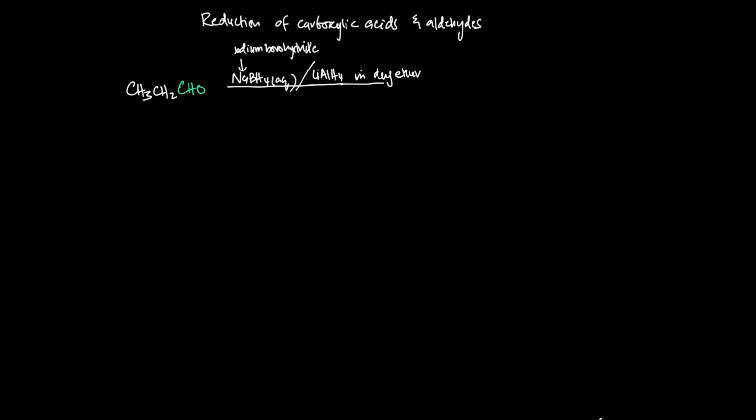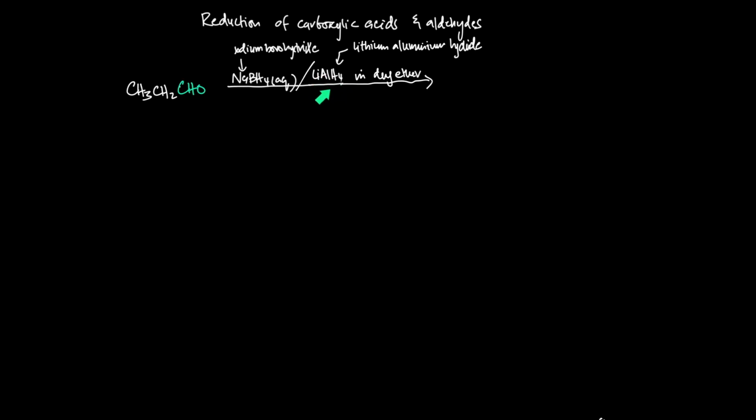Now, what do I mean by dry ether? Ether is a solvent, and lithium aluminum hydride is a very strong reducing agent, and it reacts explosively with water. So if I want to reduce an aldehyde using LiAlH4, which is lithium aluminum hydride, I have to make sure that no water is present, because it will react explosively with water.